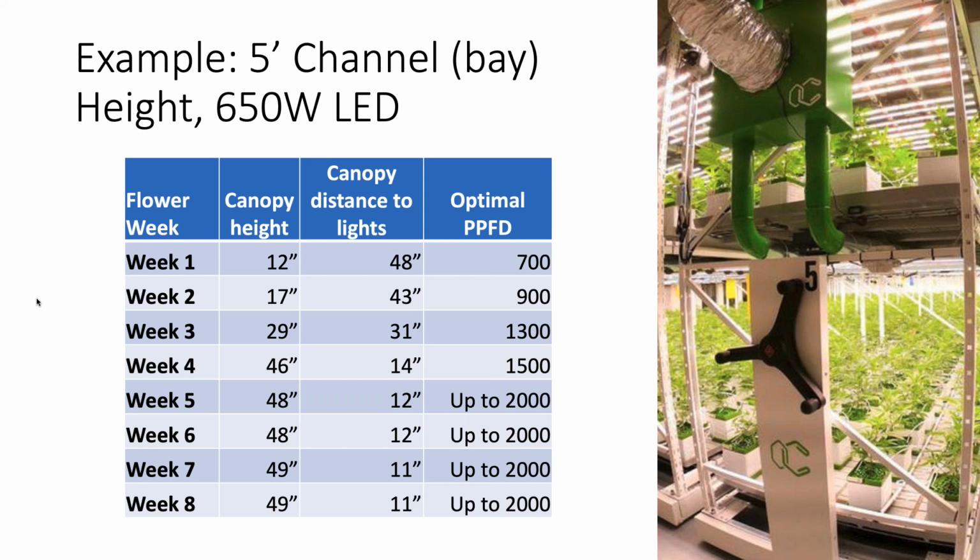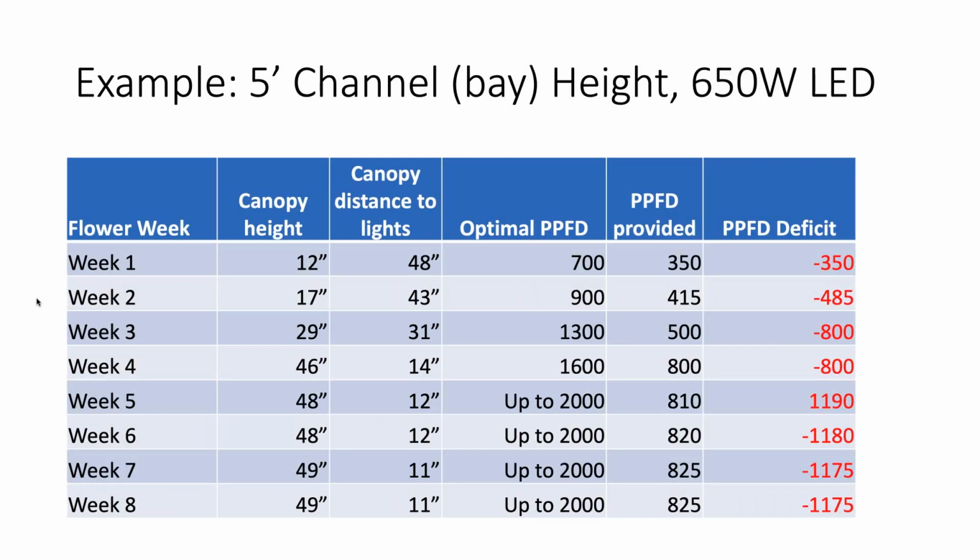For instance, at week 1, the optimal PPFD is somewhere around 700. It increases as the plant matures, all the way up to a potential of around 2000 PPFD, because the plant's gaining mass, but it's also moving closer to the lights.